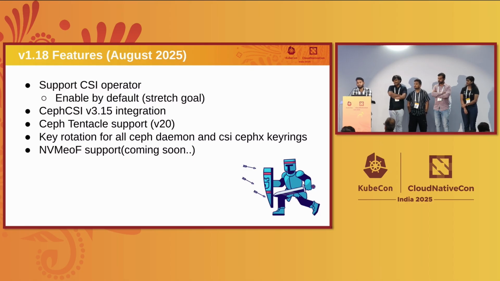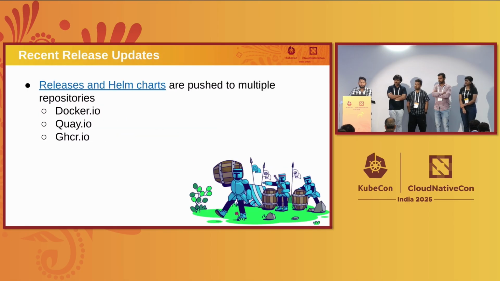Not only CSI, but Ceph and CSI both keyrings. Keyrings are something which are internal to Ceph. So it is something like a security feature that we are adding, and we are also planning sometime soon to support NVMe over Fabric. And release-wise, Rook puts their images and Helm chart in Docker, GitHub, and Quay.